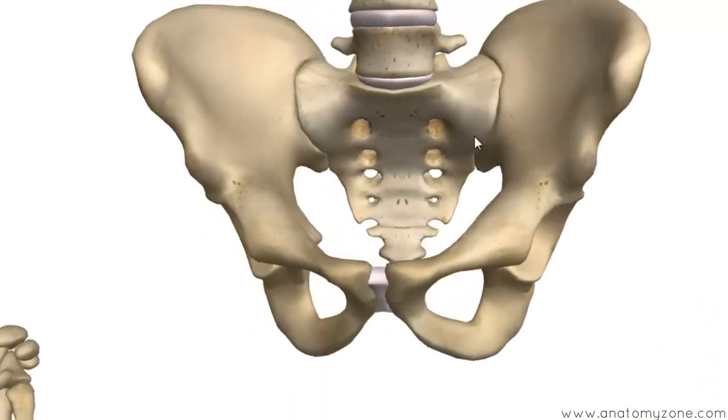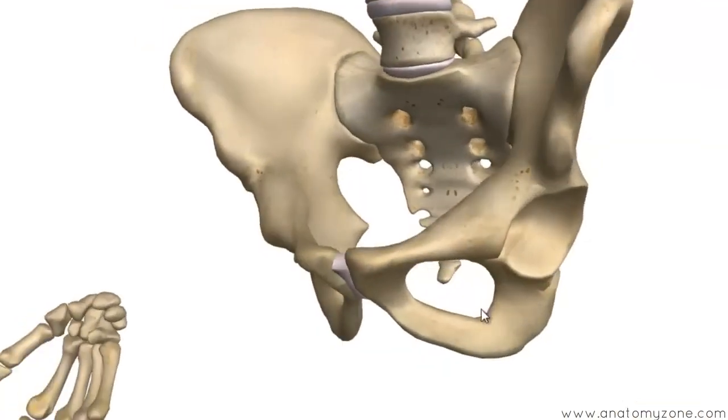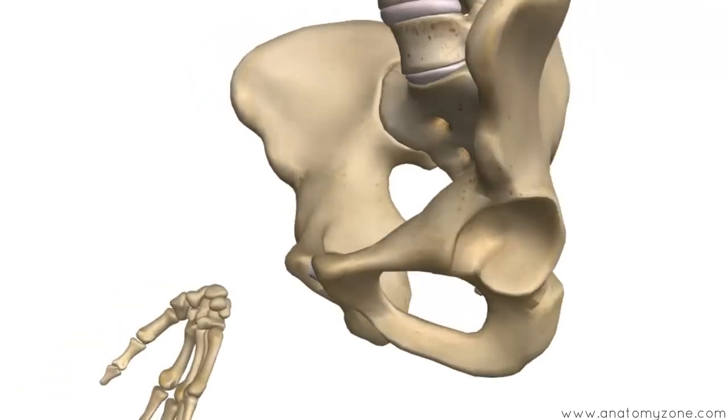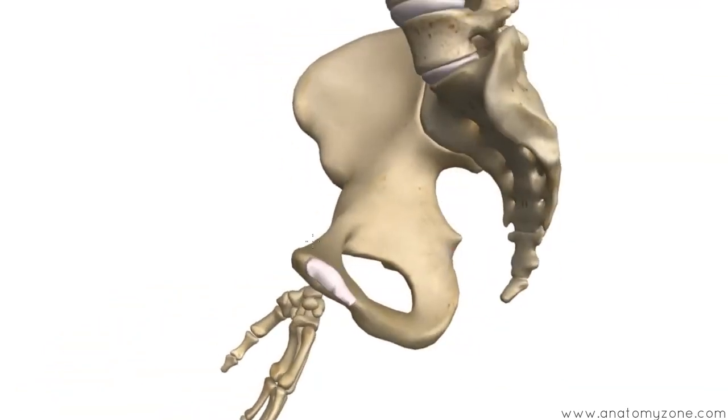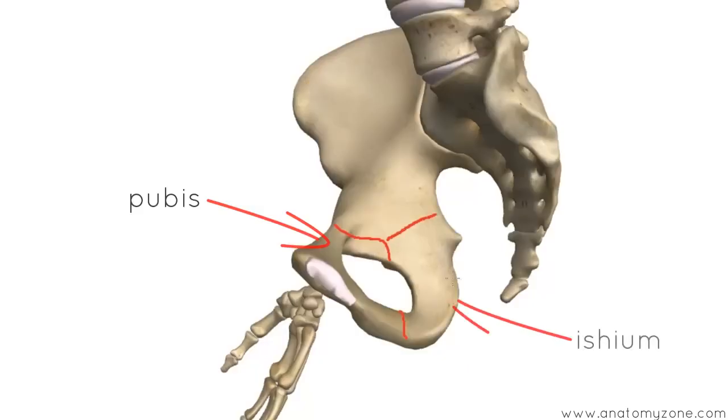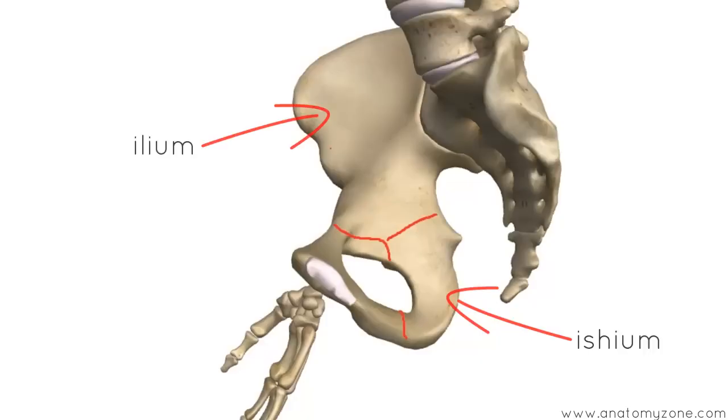I'll remove this and we can look at the medial view. Here anteriorly we've got the pubis, this portion here, and then posteriorly we've got the ischium in this region, and above it the ilium.